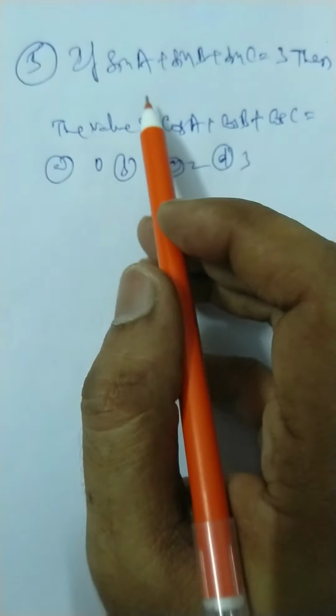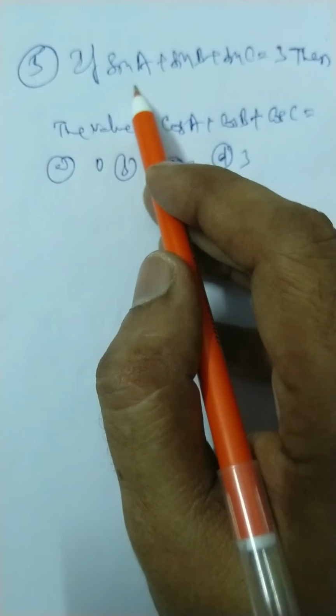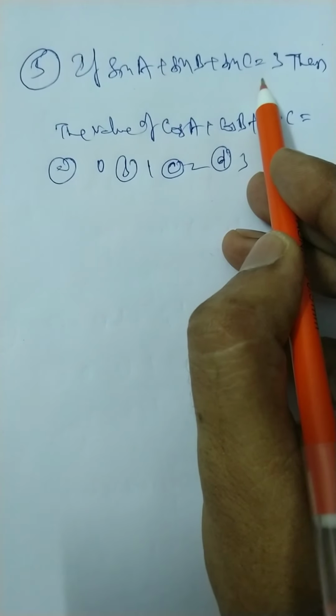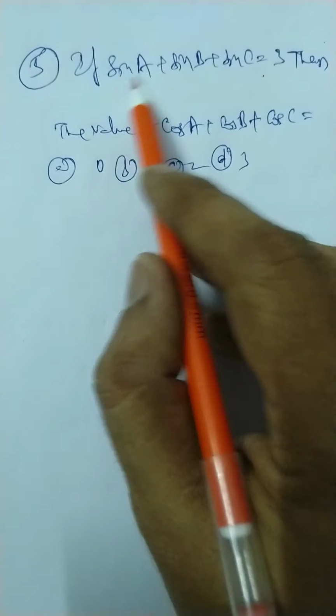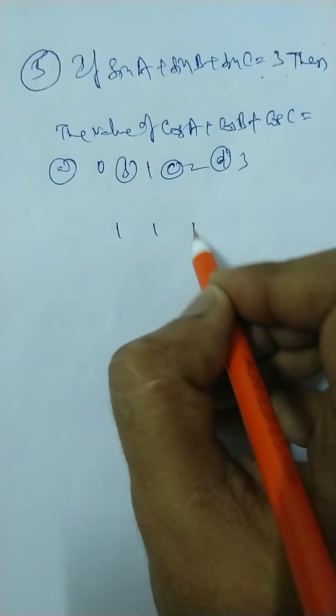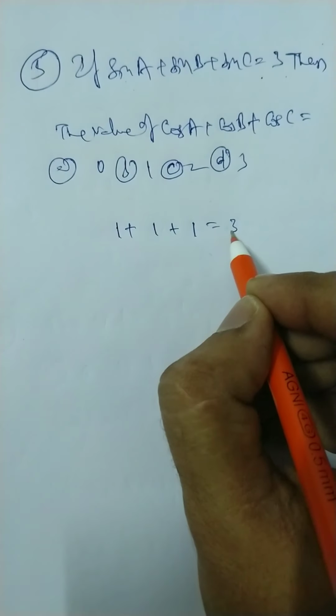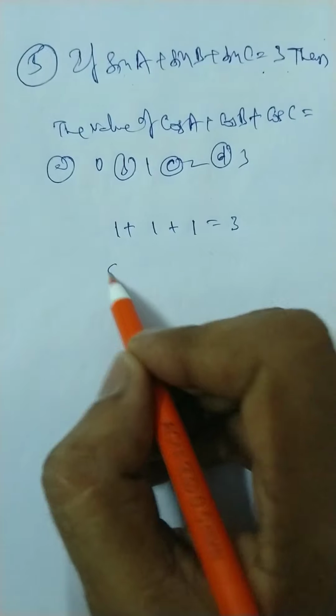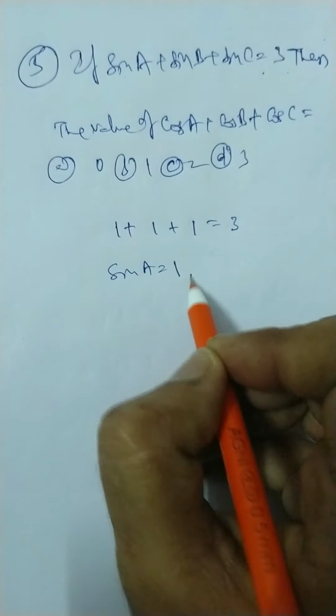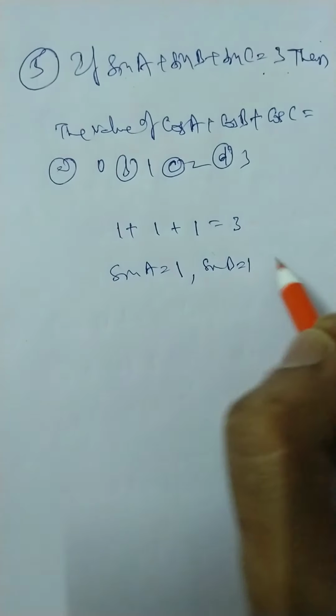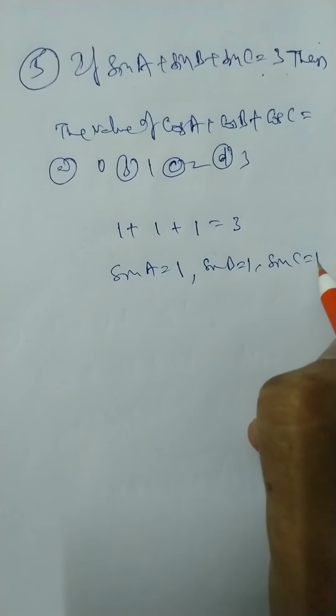If you see this problem, we have the sum of three numbers equal to 3. The sum becomes 3 only when each number is equal to 1. So that means sin A equals 1, sin B equals 1, sin C equals 1.